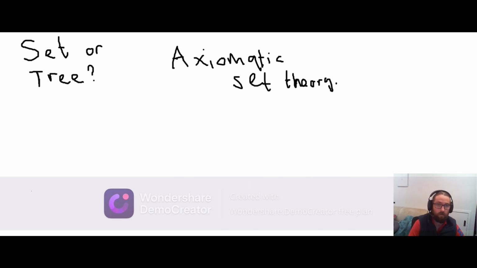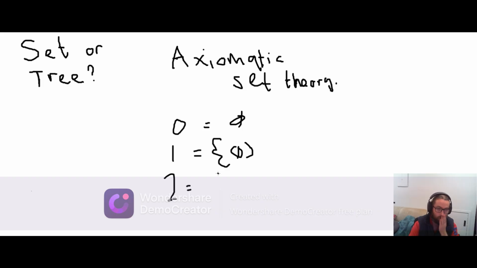Von Neumann, who's another very famous mathematician and computer scientist, said that he agrees that 0 should be most aptly represented as an empty set, and that 1 should then be the set of 0, which again is a set with the empty set. But then every number after that, 2 should be represented as 0 and then 1.